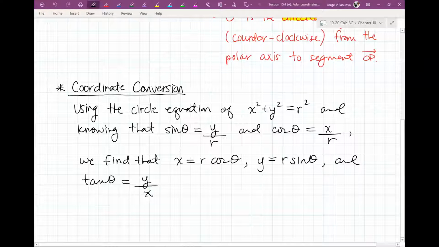But the important thing here is the x definition and the y definition. So now you know that you can rewrite a lot of this information based on your x and y values, solving for x and y, so you get r cosine theta, r sine theta.